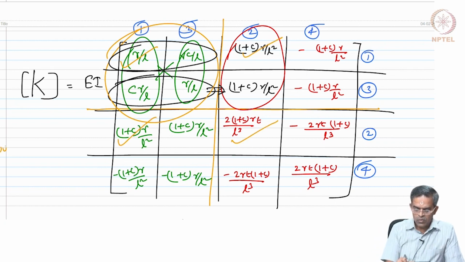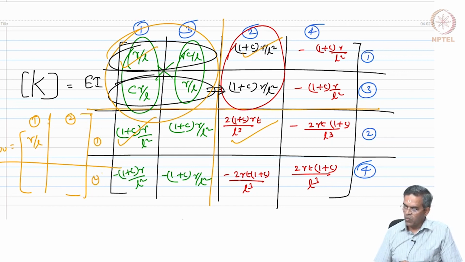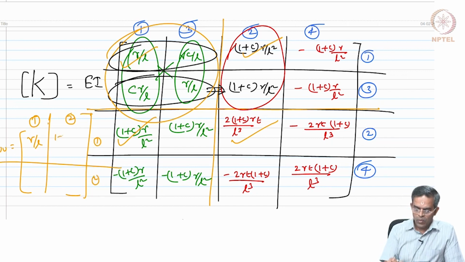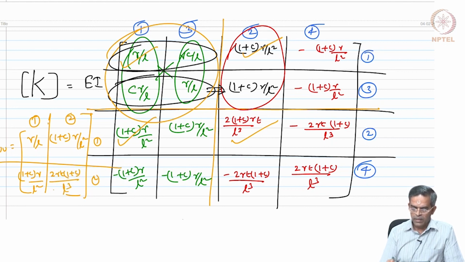So, let me write KUU as K11, K12 1 plus C R by L square, then K21 1 plus C R by L square, then K22 which is 2 times of RT 1 plus C by L cube, am I right?